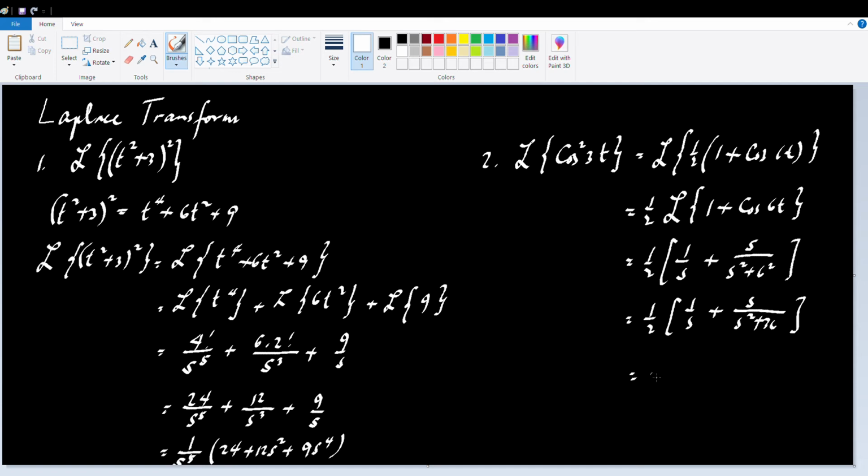So that is 1/2 times 1 over s plus s all over s squared plus 36. Now let us combine this. 2s times s squared plus 36, the numerator becomes s squared plus 36 plus s squared.